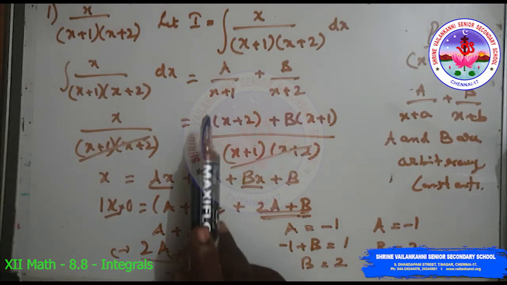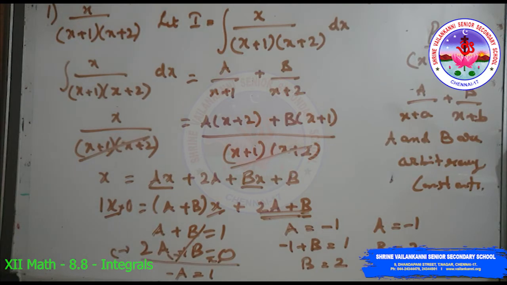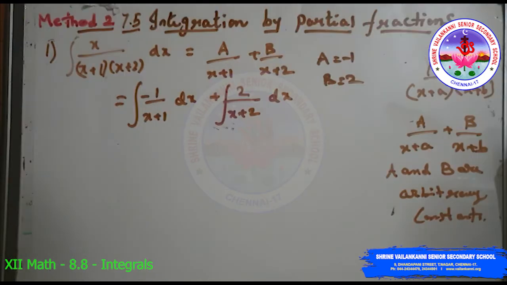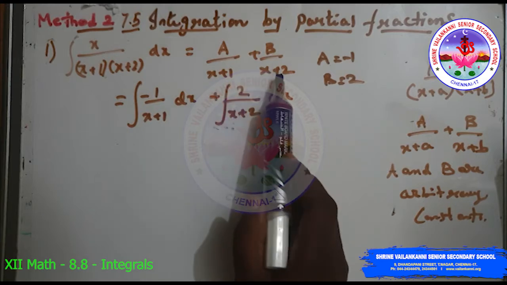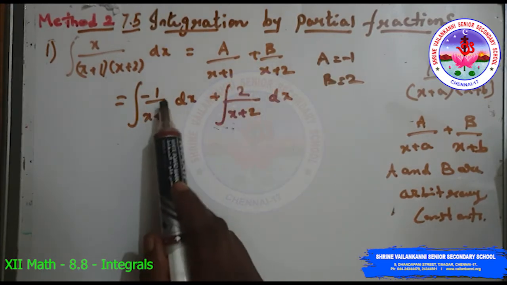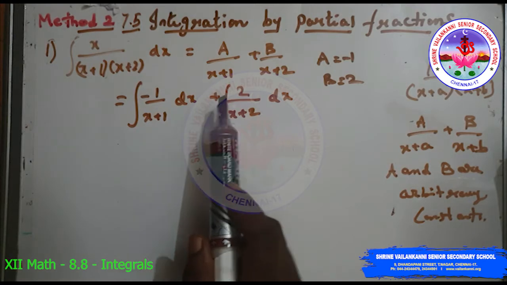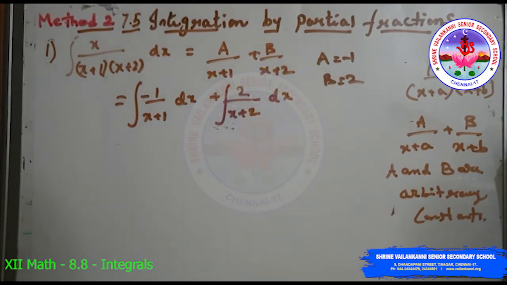Now we have to substitute in this form and integrate it. So writing a by x plus 1 plus b by x plus 2 as integral of a is minus 1, so minus 1 by x plus 1 into dx plus b is 2, 2 by x plus 2 into dx.